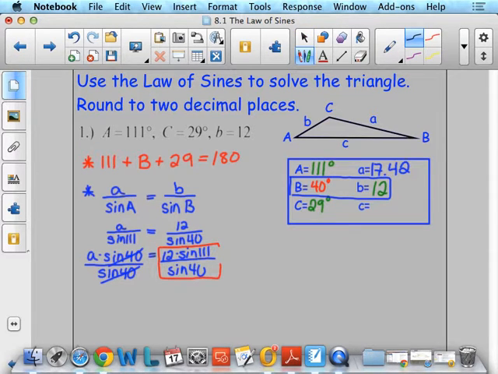Okay, so now to find c, I want side c. So I'm going to use c over sine of C. Okay, and then I have a and I have b. So it doesn't matter what I choose for the other side. So I'm just going to choose a. If you chose b, that's fine.